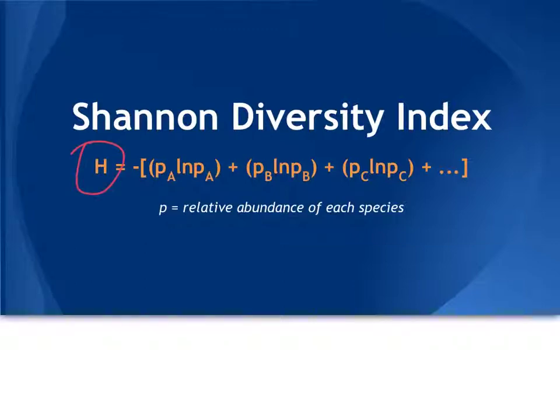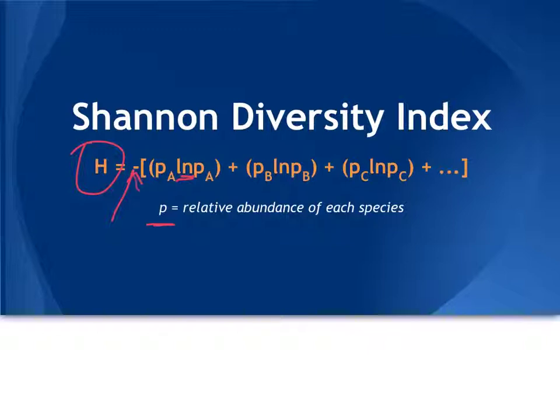So the Shannon Diversity Index, H, is equal to negative, take a look there, and then you take all of your different species A, B, C, and D, and so forth, and you take the relative abundance of each species in a percentage or in some kind of decimal form, which we're going to call P, multiplied by the natural log, ln, of that relative abundance.